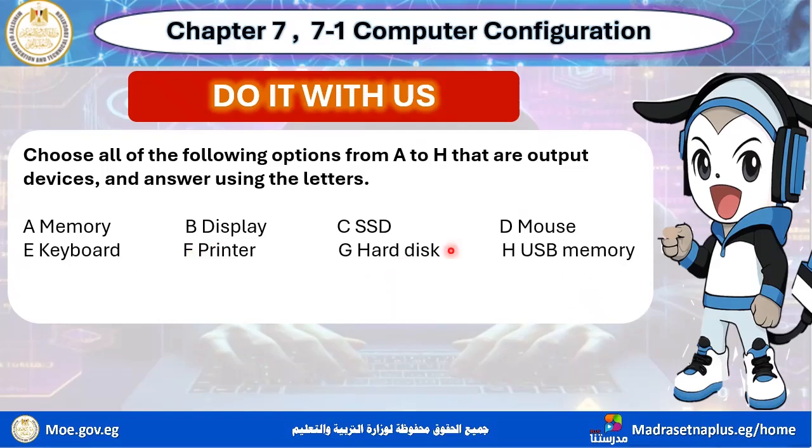So we want you to choose all the options that are output devices. So which of these are output devices? Well, it's the display, the screen, it's an output device, and the printer. We print things from the computer, so it's an output device.